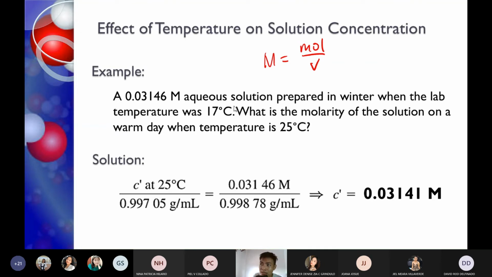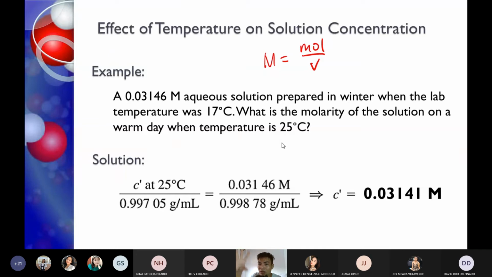Okay? So as an effect, no, yung concentration ng ating solutions nagbabago din. Okay? So for example, at 70 degrees Celsius, ang concentration niya ay ito, 3146. Pagdating ng 25 degrees Celsius, naging 3141. Okay? So mas bumaba yung concentration because the volume of the liquid increased, no?